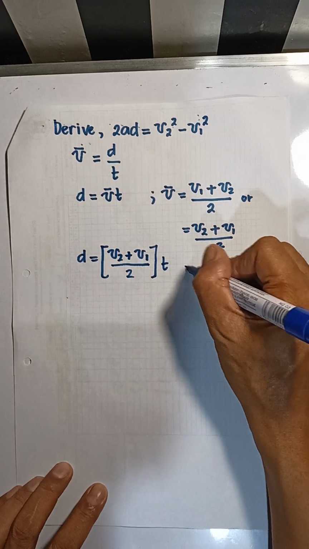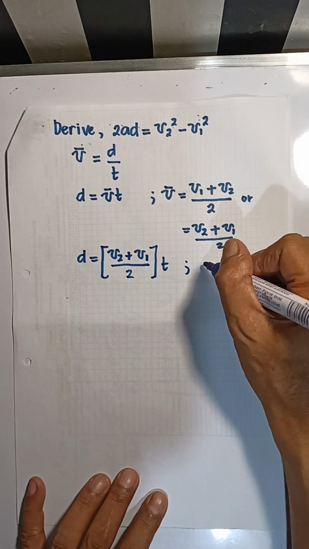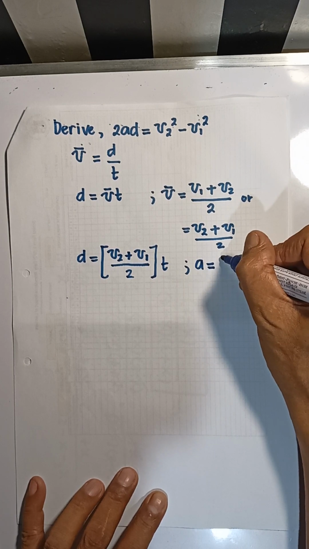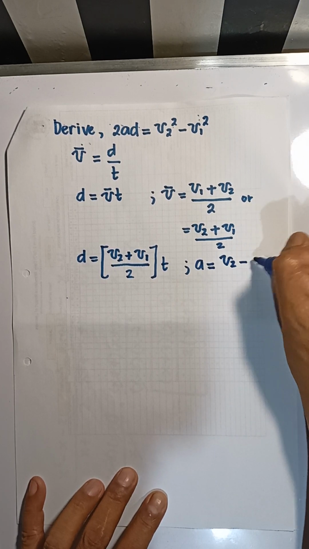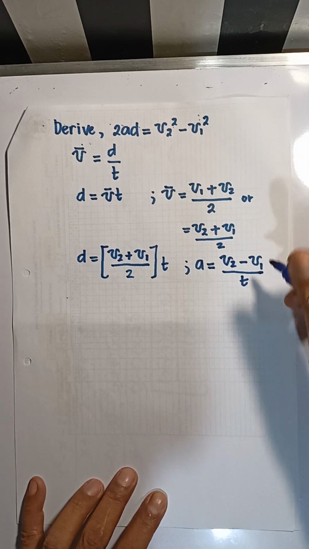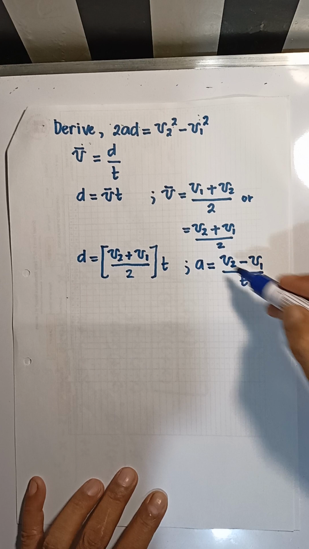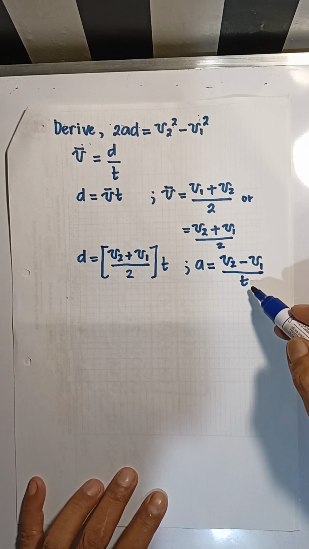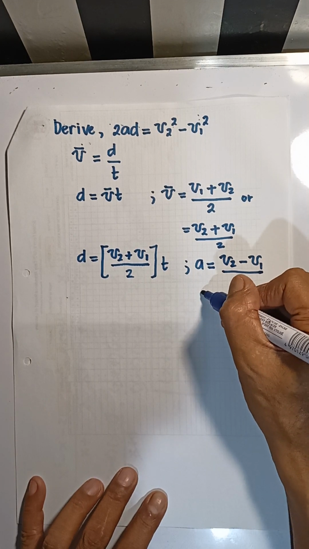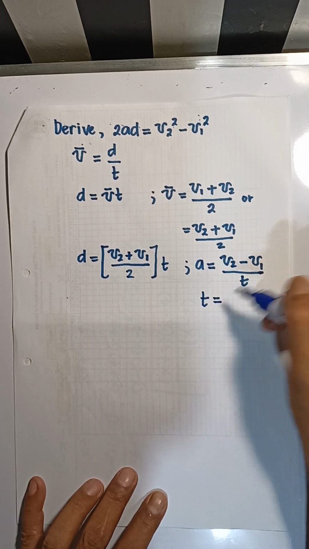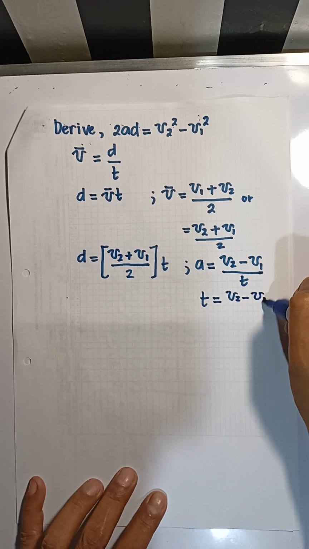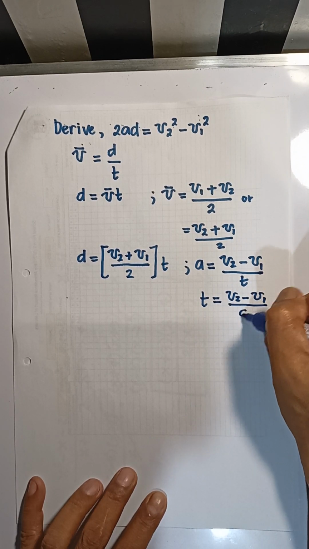And let us recall your equation for acceleration, which is equal to v sub 2 minus v sub 1 all over time. And we will manipulate this for us to get an equation for time. So your time will be equal to v sub 2 minus v sub 1 all over a.